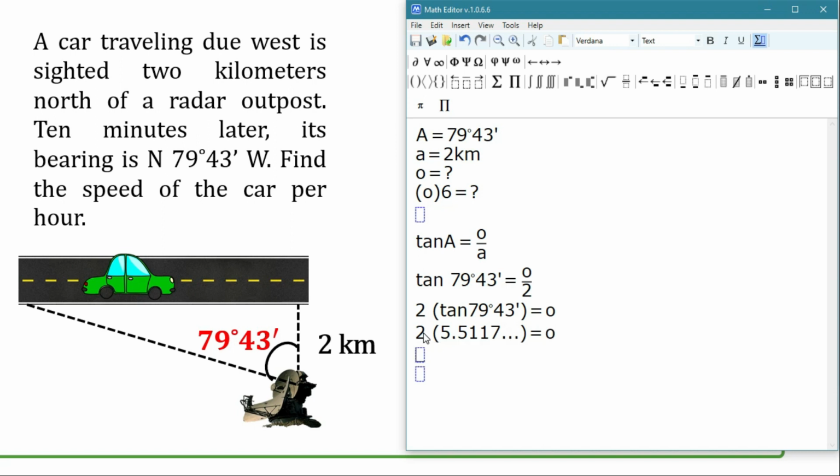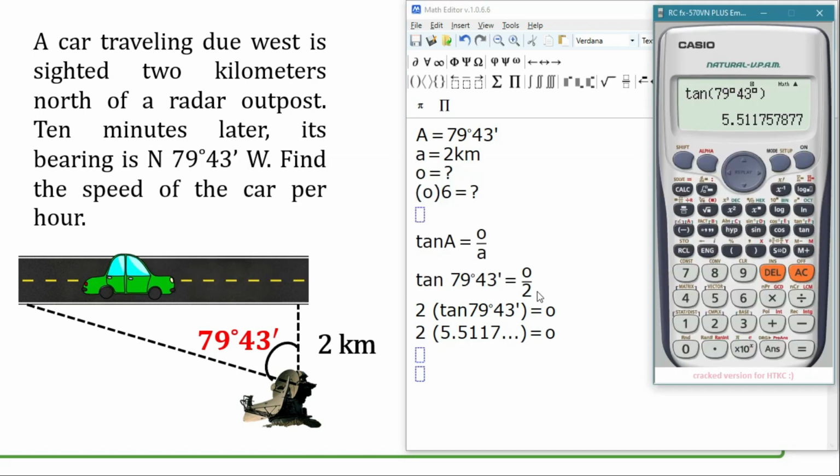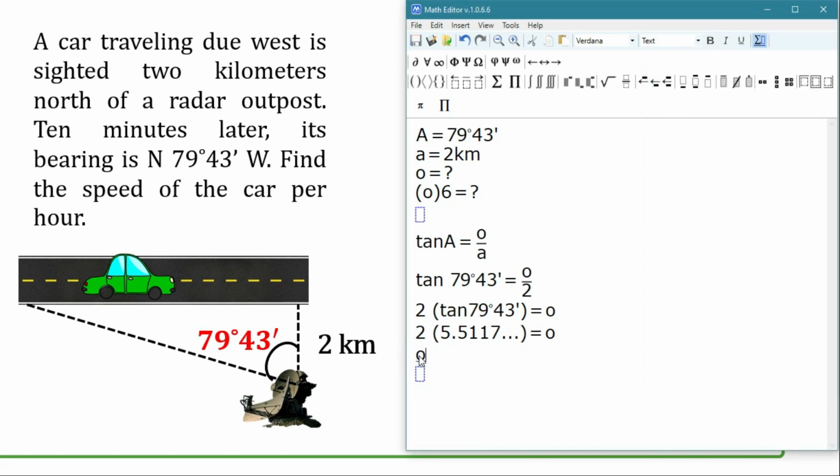Multiplying that function value by 2 gives 11.02. So the opposite side is 11.02 kilometers, since kilometers is the unit of measurement used in our problem.